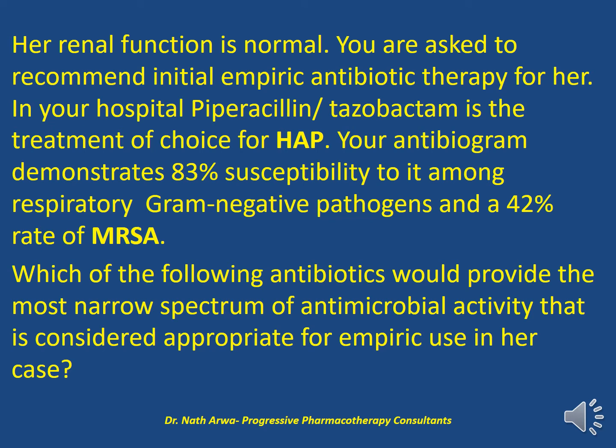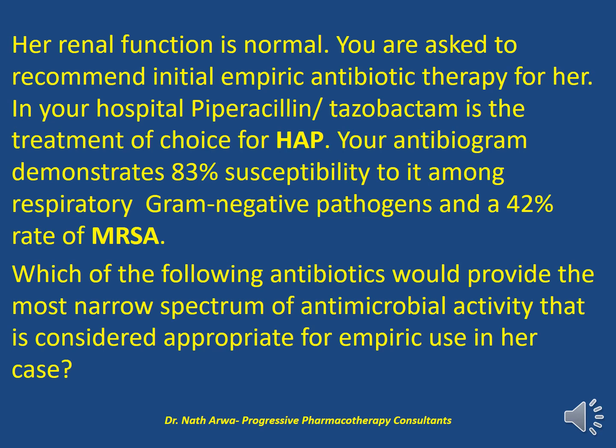In your hospital, piperacillin tazobactam is the treatment of choice for nosocomial pneumonia, and your antibiogram demonstrates 83% susceptibility to it among the respiratory gram-negative pathogens. And they also tell you that there is a 42% rate of MRSA in the hospital.